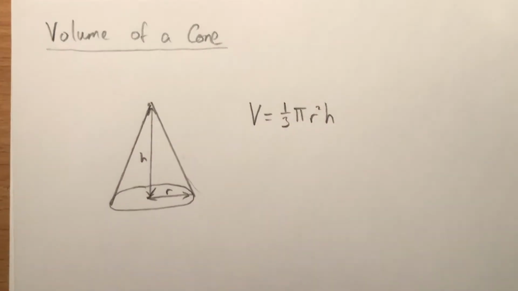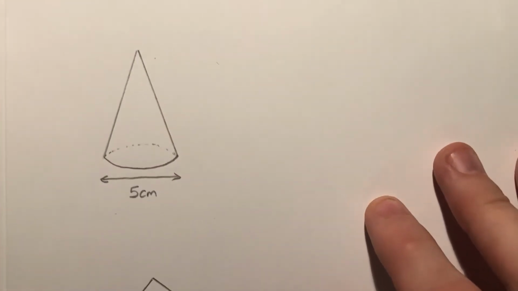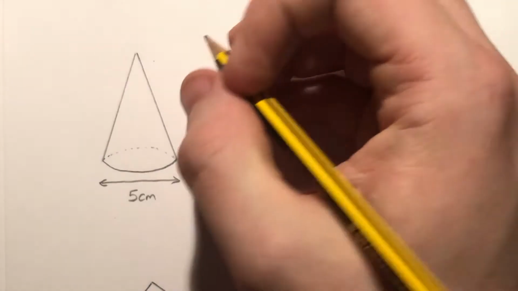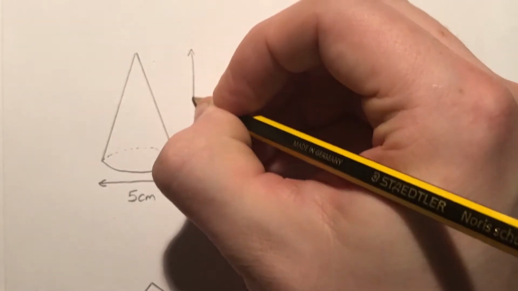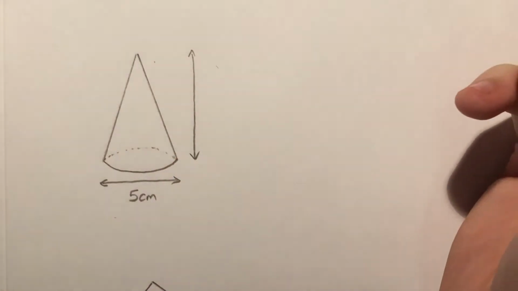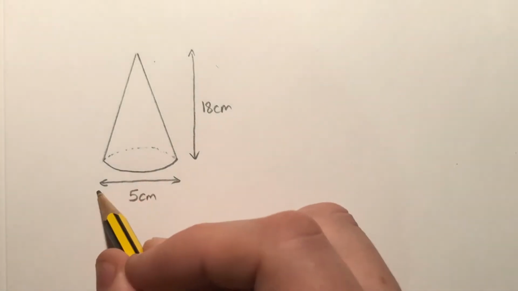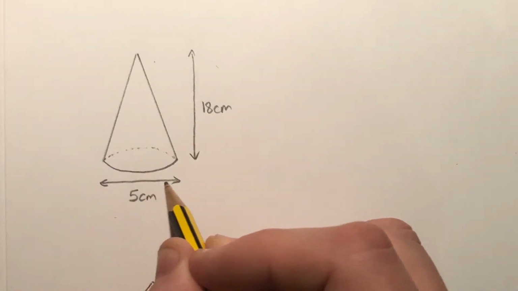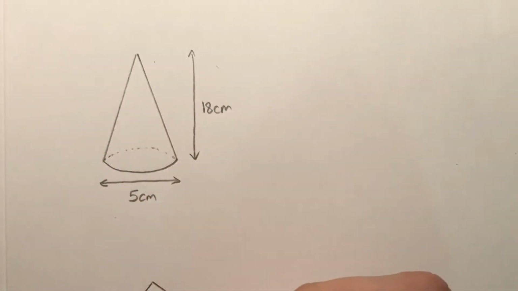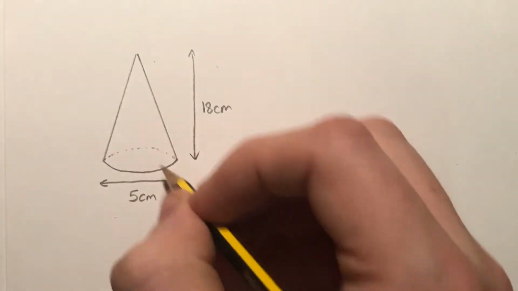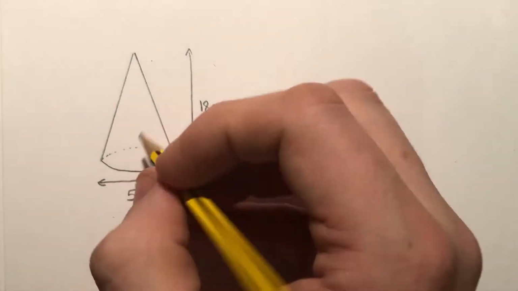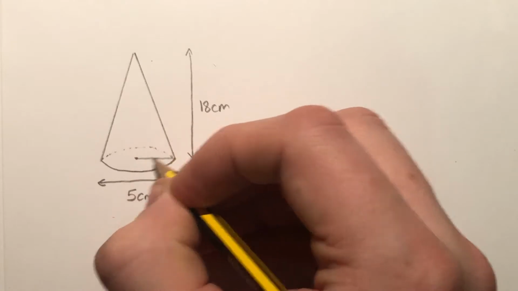So let's just launch straight into a couple of examples then. We've got this one here. Let's say the height of this is going to be 18 centimetres. Here we've got the distance going across the full base of the circle is 5. Now that's not our radius though, our radius goes from the middle out to the edge.